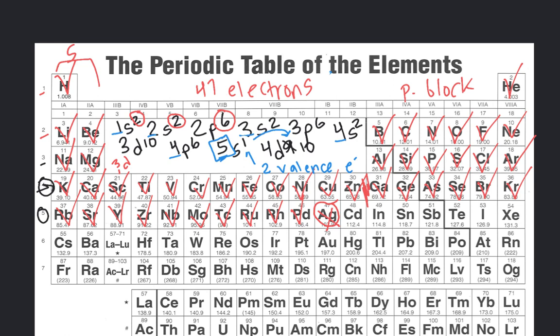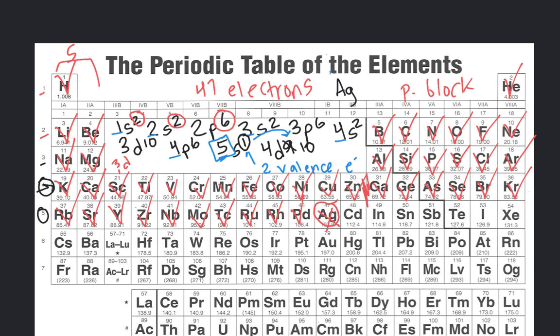So sometimes elements can move or shift some of their electrons around, because silver is so close to a 4D10 being filled, and it likes to have its orbitals either half filled or fully filled. So it'll fill up the 4D9 to 4D10, and then it'll be left with a 5s1. And so when silver reacts with other elements, it usually has 1 valence electron, this one right here, because of some of that shifting it just did.